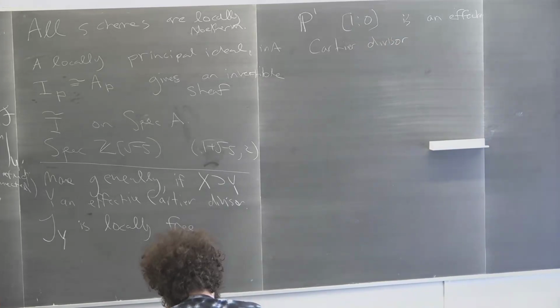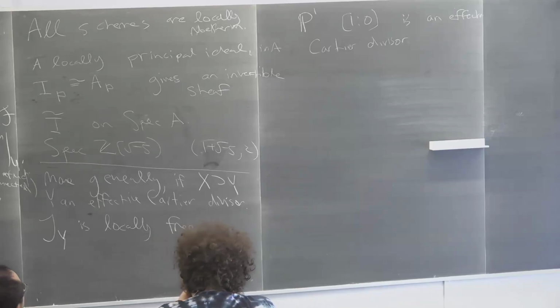So there's a locally free sheaf, which I could think of as a subsheaf of the structure sheaf on P1, whose sections are sections over that same open set, but they have to vanish at that point.